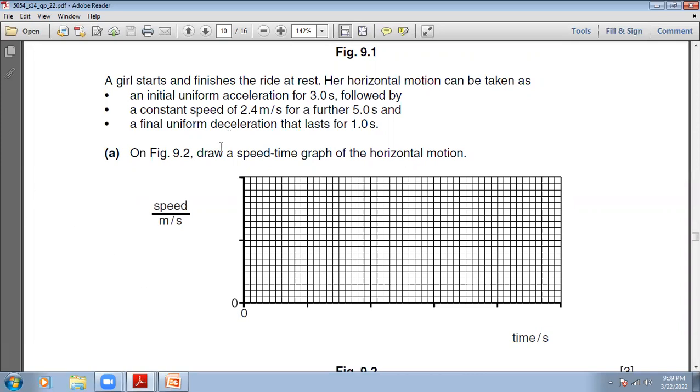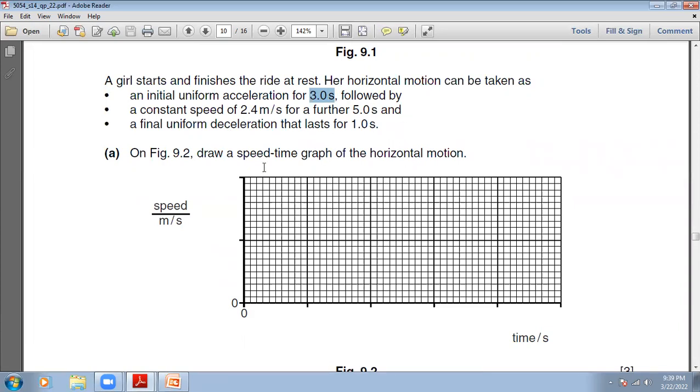Here a speed-time graph is given; on the y-axis we have speed, on the x-axis we have time. For the first 3 seconds, the girl started from rest, so put a dot at 0,0. After 3 seconds, she will achieve a speed of 2.4 meters per second, so we put a dot on 2.4.